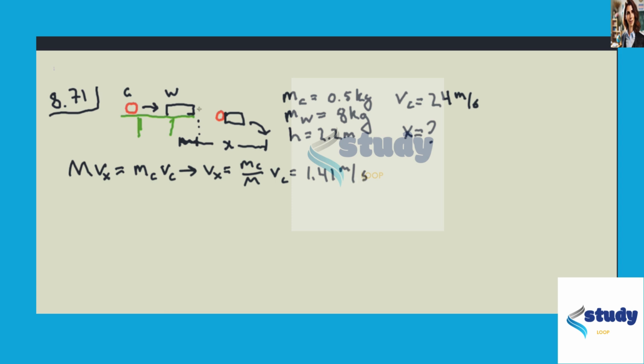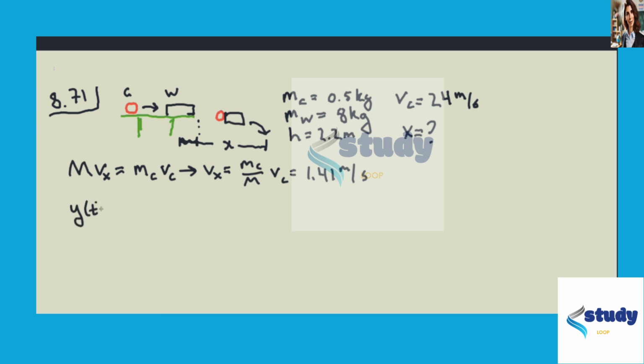And now we need to know how long it takes for the object to hit the ground. So it'll continue in the x direction at the same speed until it hits the ground, and it will start falling in the y direction with an acceleration due to gravity on it. So we'll call its vertical position y.